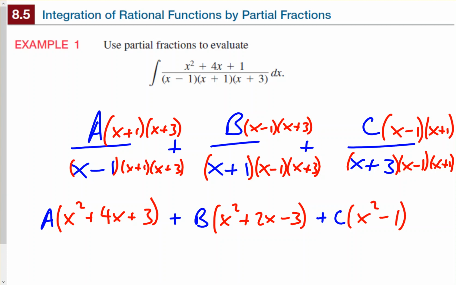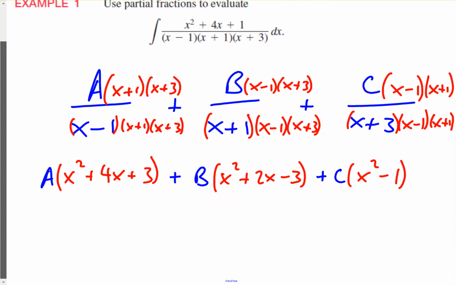Okay. So now we could distribute the a into the trinomial next to it, b into its trinomial, and c into its binomial. Okay, so let's distribute.